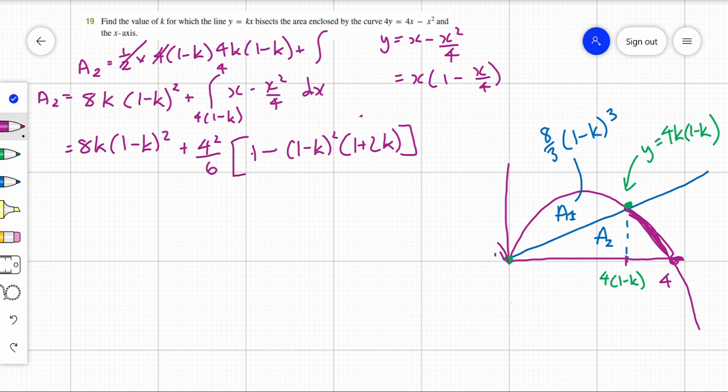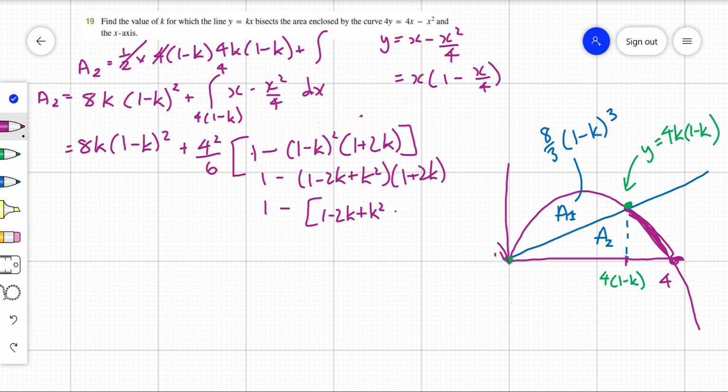Alright, so if I look on here, I'm really going to have to factorise, I think, which is a bummer. So this will be 1 minus, alright, here we go, 1 minus 2k plus k squared, times 1 plus 2k.